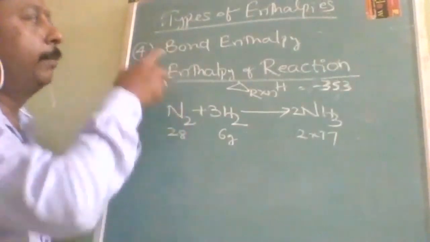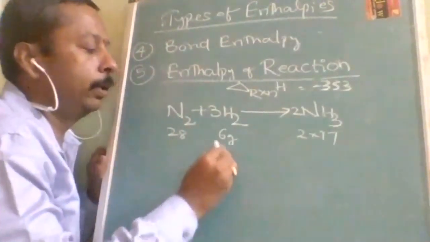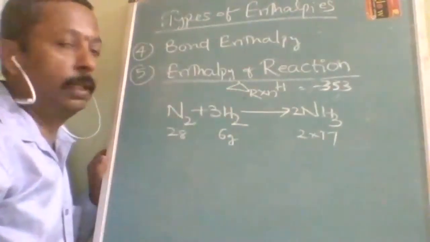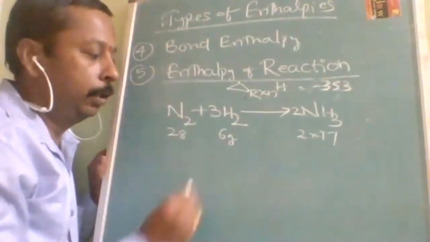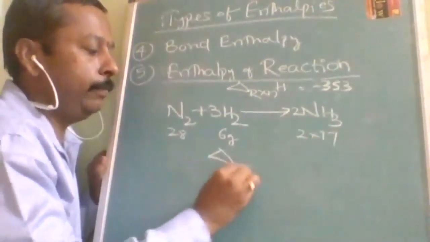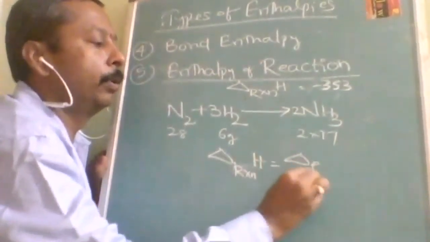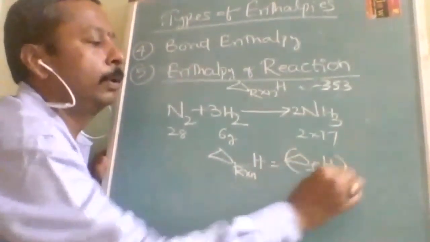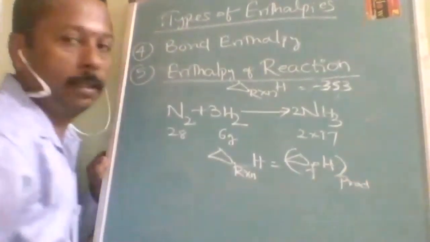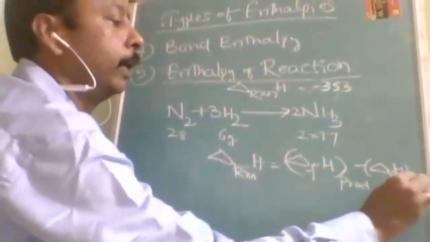Now I take you back to the previous topics, where I told you that enthalpy of formation can be used in finding out enthalpy of reaction. Enthalpy of reaction is equal to enthalpy of formation of products, all products must be written, minus enthalpy of formation of reactants.